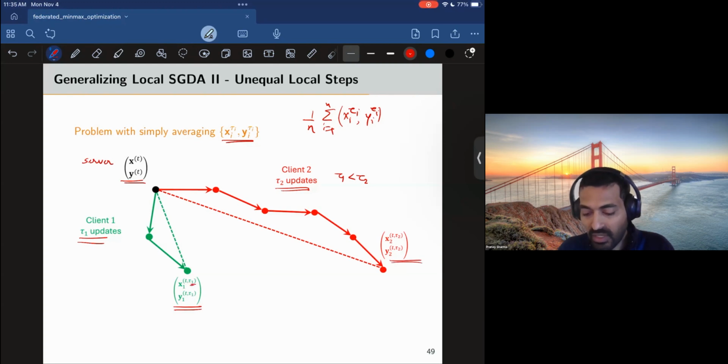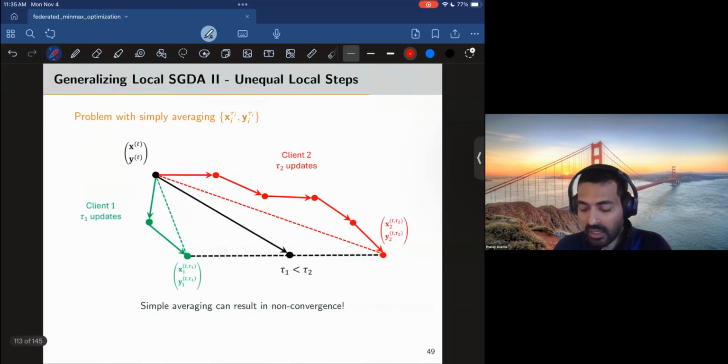Here, tau1 is the number of local steps at client 1, tau2 is the number of local steps at client 2. Now suppose that the server simply averages these two iterates. So it takes the iterates of client 1 and client 2 and simply averages them, right? And again, tau1 is smaller than tau2.